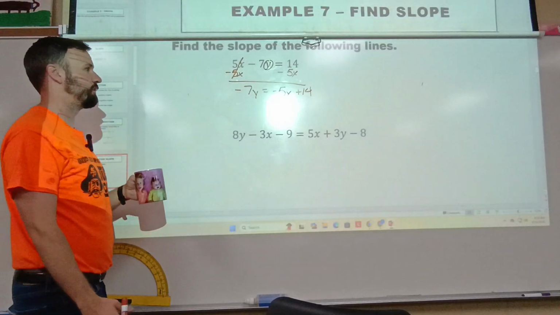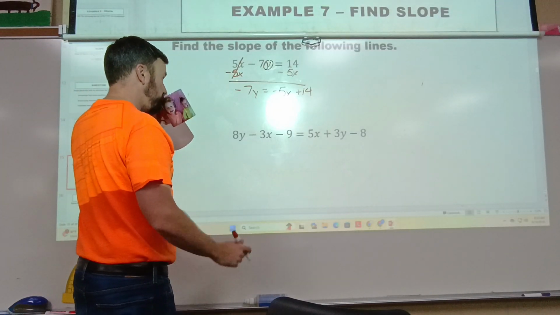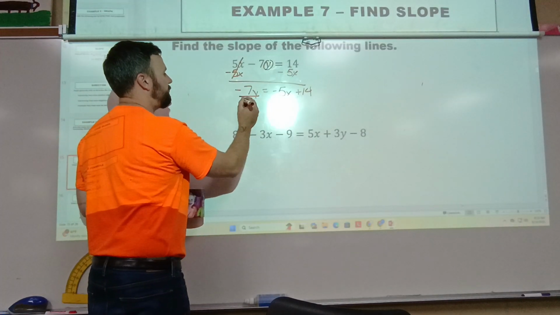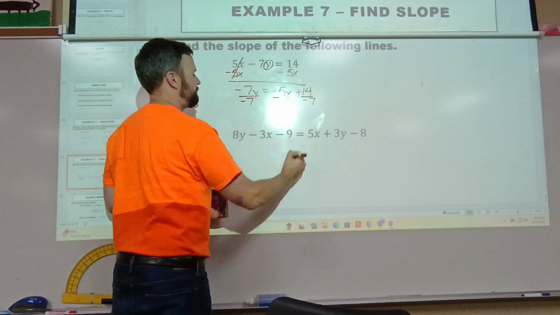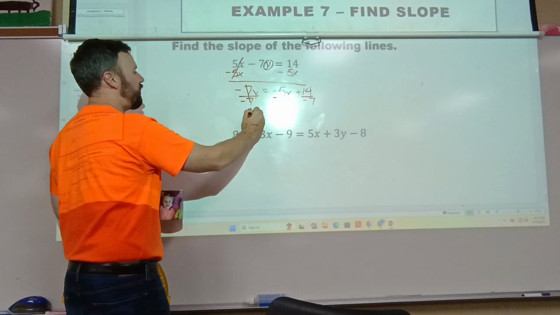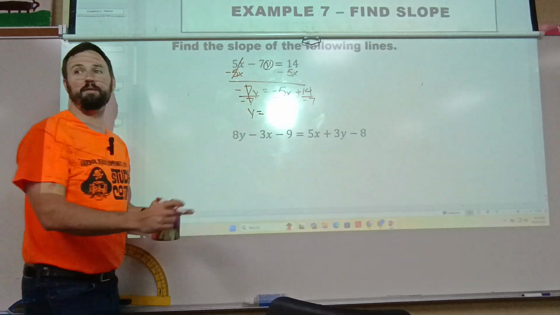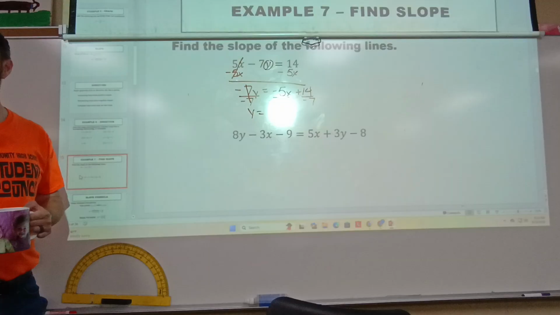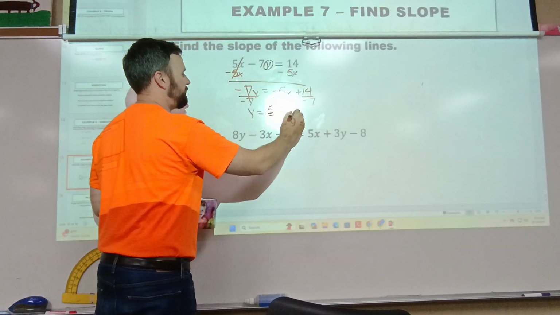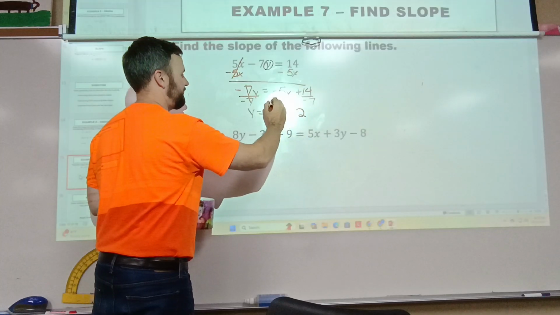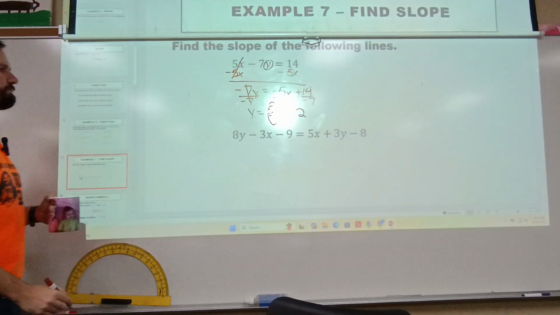All that matters is what's in front of my x. Now I'm going to divide everything by negative 7. And I get y equals, a negative divided by negative is a positive. Hey, look, it was 5/7 like I thought it was going to be. And that's my slope.